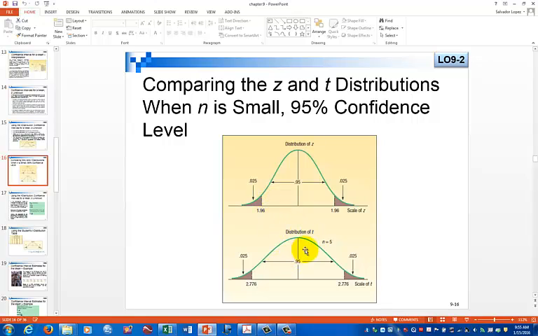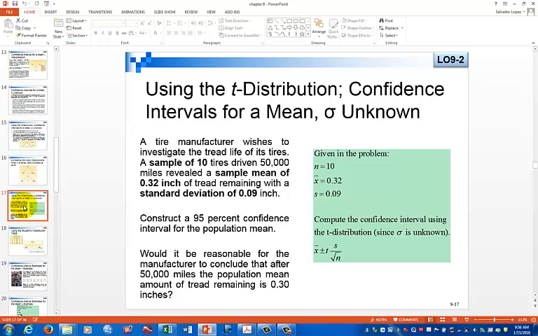But if we use a t-distribution with a sample size of 5 items, which is very small, the same 95% confidence, or area in the middle, will yield a value of 2.776 here, or minus 2.776 here. You read those values in the table called student t table or t-distribution. In a moment we'll see that.